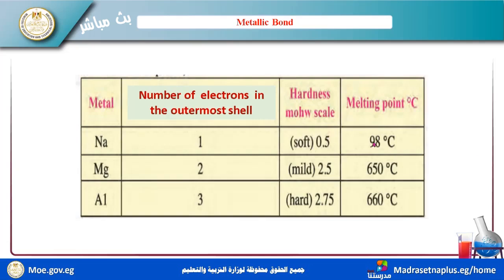The melting point is 98 degrees centigrade. Magnesium has 2 valence electrons, so it is harder, 2.5, with melting point 650. And aluminum is more solid because it has 3 valence electrons, very hard, 2.75, 660 degrees centigrade.